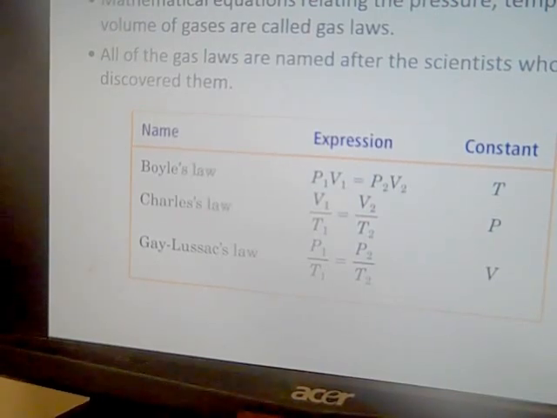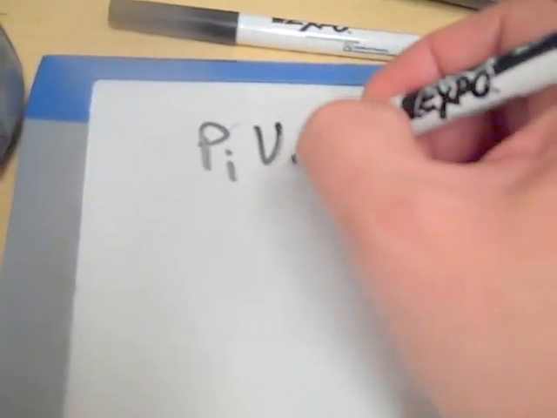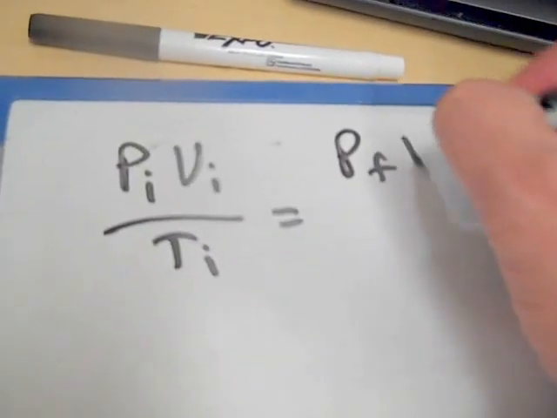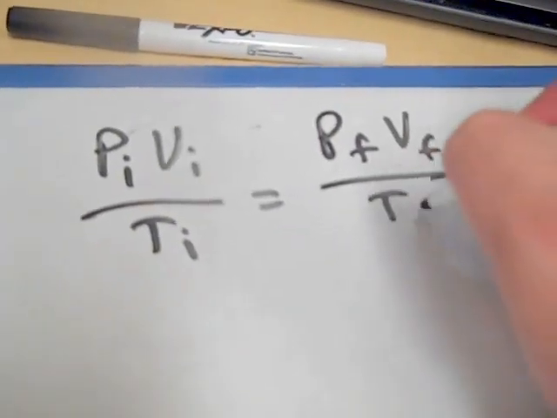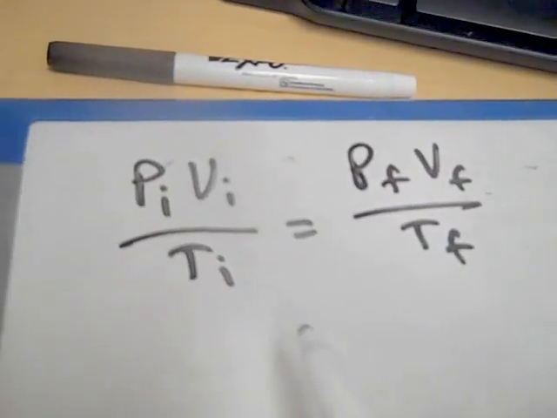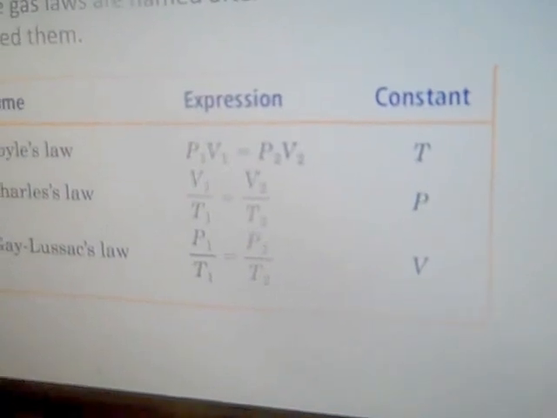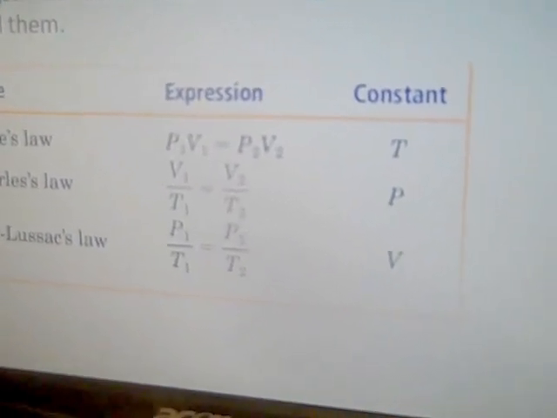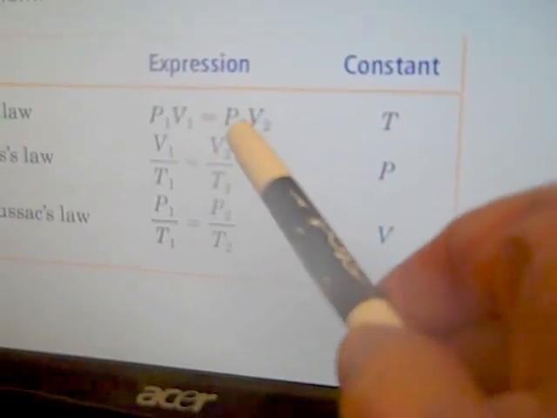So what does that look like? It looks like this: PiVi/Ti is equal to PfVf/Tf. So intuitively, you can see how that's combined. I won't go through the derivation of all of this, but you can see some parts here.